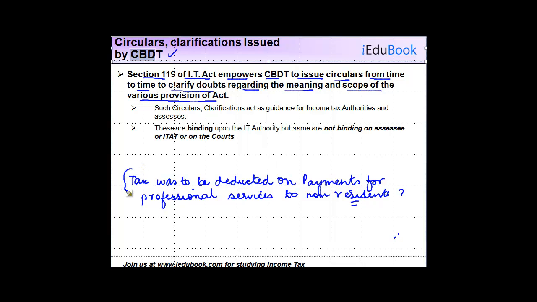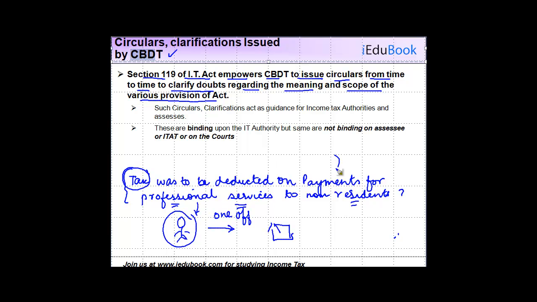We have a specific section which deals with deduction of tax from payments to residents for professional services. Doubts were raised that where you have to withhold taxes from payments for professional services, a non-resident might be providing services to some Indian business on a one-off basis. So how does he pay taxes, and whether taxes are to be deducted at all or not?